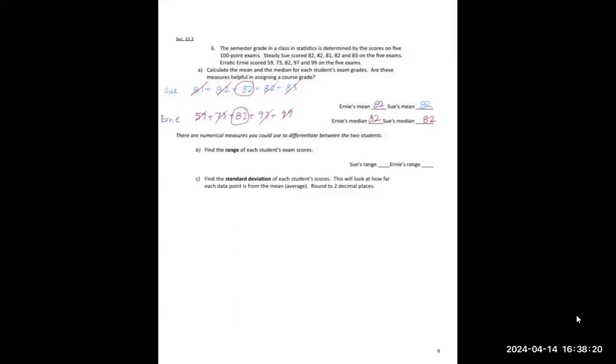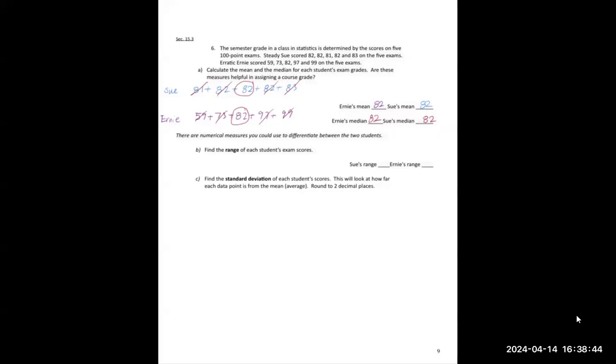So actually, both students have the same mean and the same median, if we notice that. And yet their scores are very different. What we're not really taking into account when we calculate the mean and median is how widely spread out the data are.